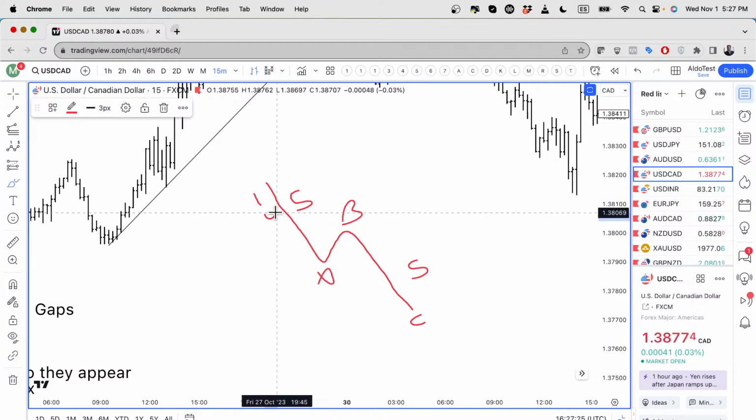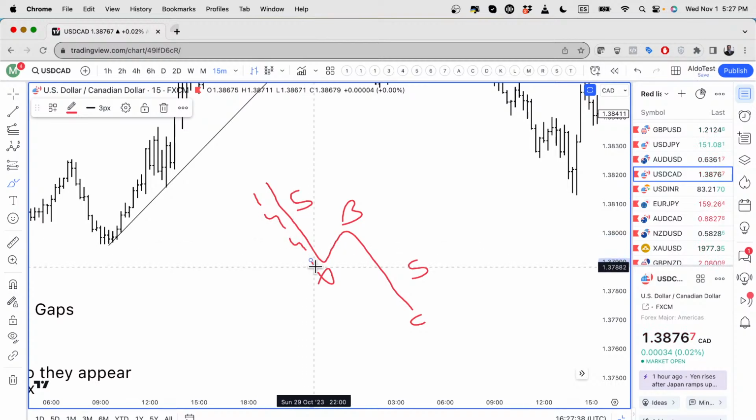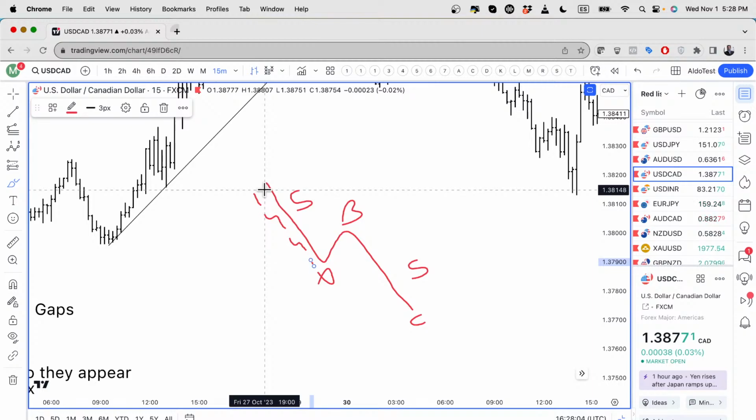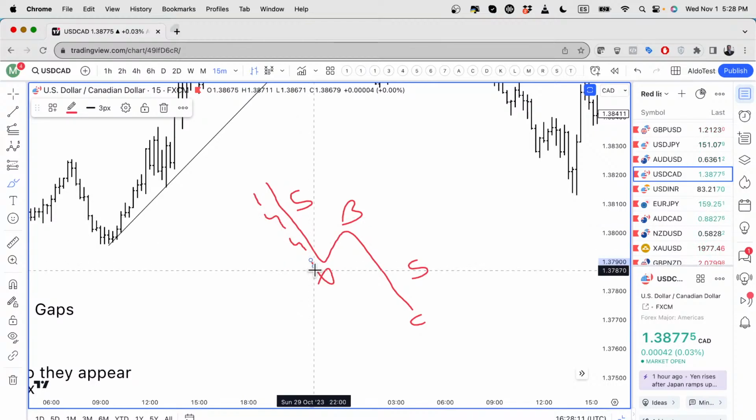You could have a breakaway gap on the first leg of the A. It could even have a runaway gap on the third wave of the A. And it could also have an exhaustion gap on the fifth wave of the A. It could also be that it only gaps right in the middle of the A, giving basically a breakaway gap of the entire thing, but it's going to be a breakaway gap in terms of the first gap that appears in the first move of the structure that had changed direction.